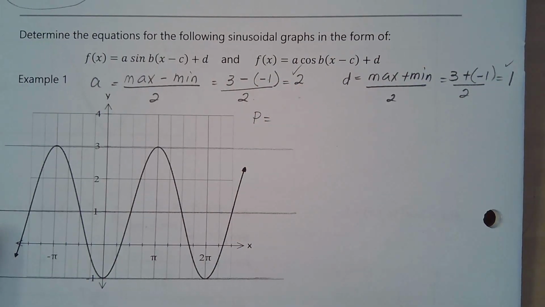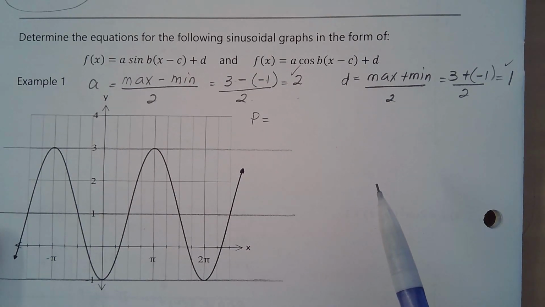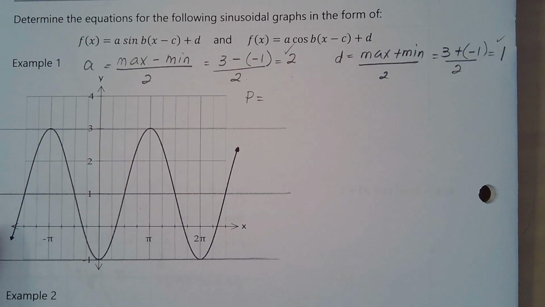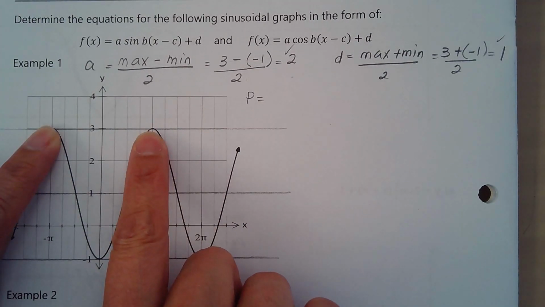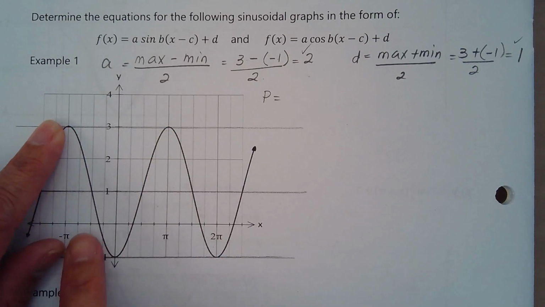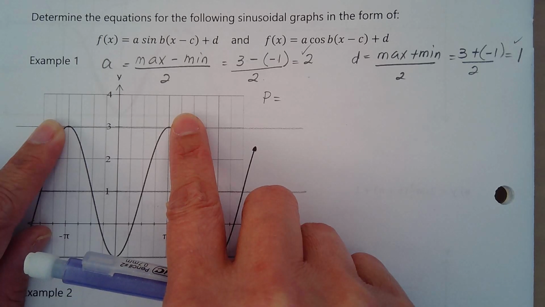What's the period? How do we know it's 2 pi? Going from crest to crest. You can go from maximum to maximum. How far apart are they? From -pi to pi, so that makes it 2 pi.